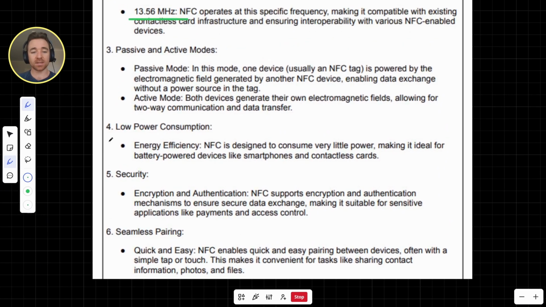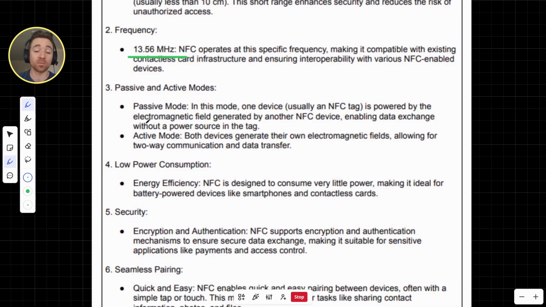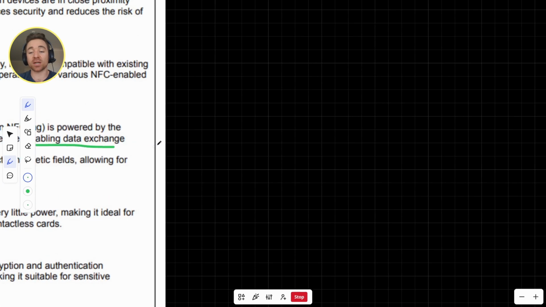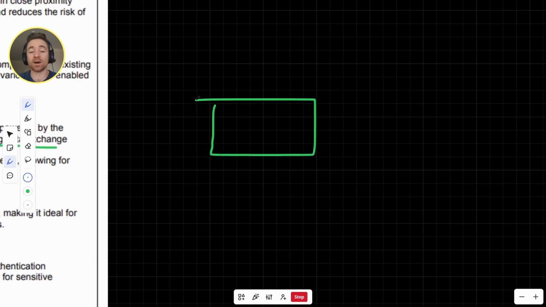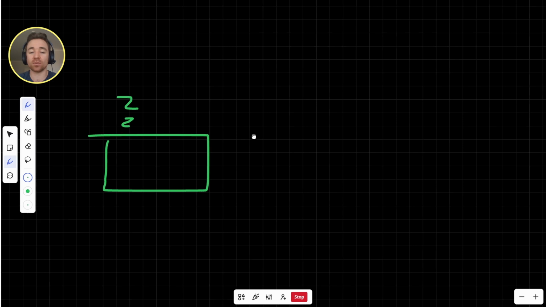Sorry guys, a bit all over the place today. You can have passive mode. In this mode, you generally have one device that is not powered, but the radio waves from the other NFC device enable data exchange. So that's where you have your device asleep, let's say the NFC chip in your bank card.